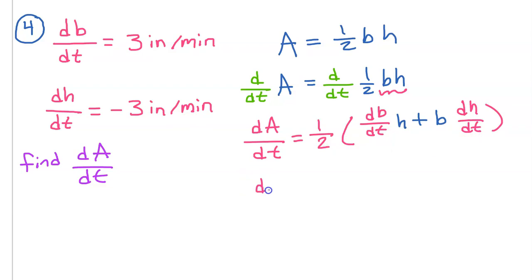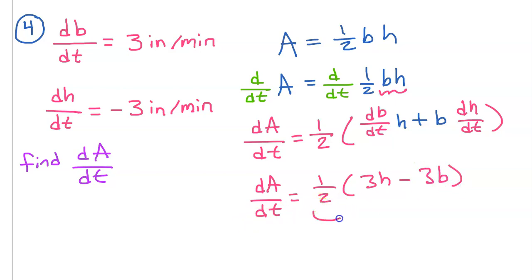We know both of the rates in this expression, so let's make those substitutions. So I have 1/2, db/dt is positive 3, so I have 3h plus dh/dt is negative 3, so in fact, rather than putting plus, I think I'll just put minus 3b.